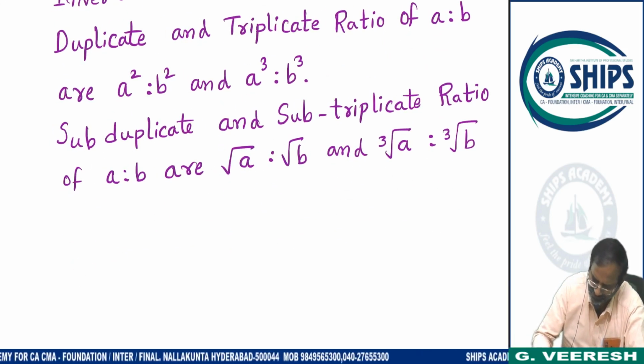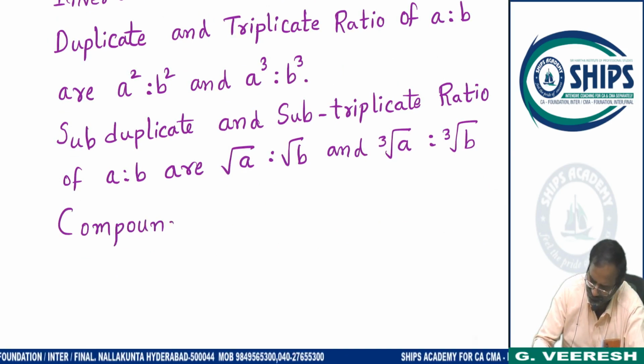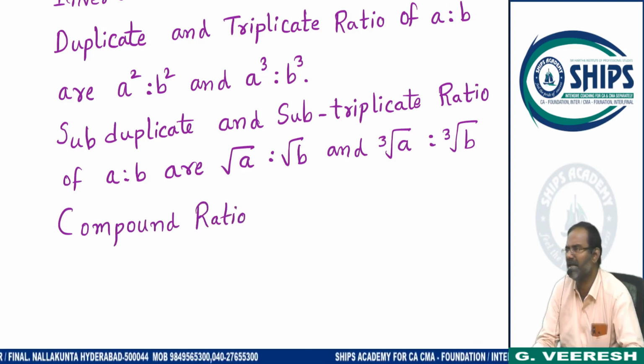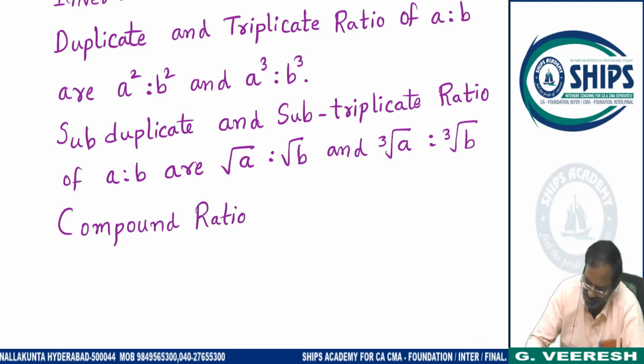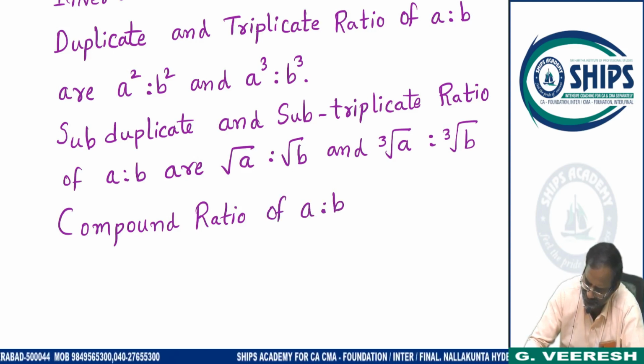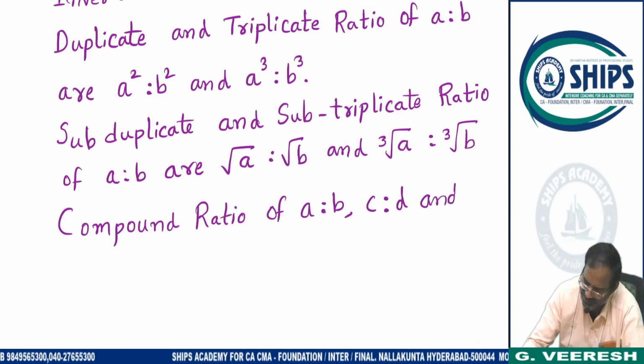Next, compound ratio. Compound ratio means combining two or three ratios. Compound ratio of A is to B, C is to D and E is to F are.